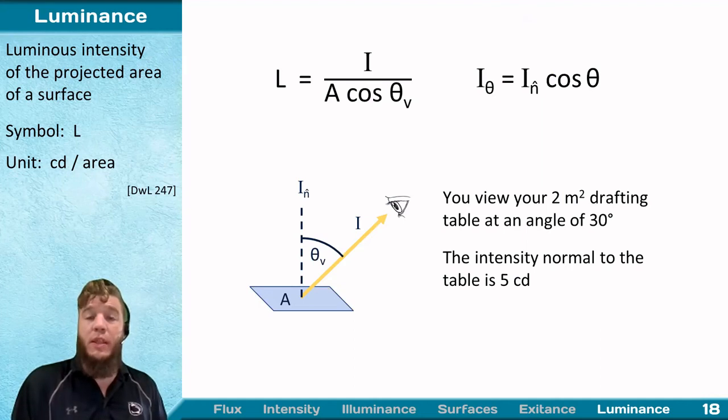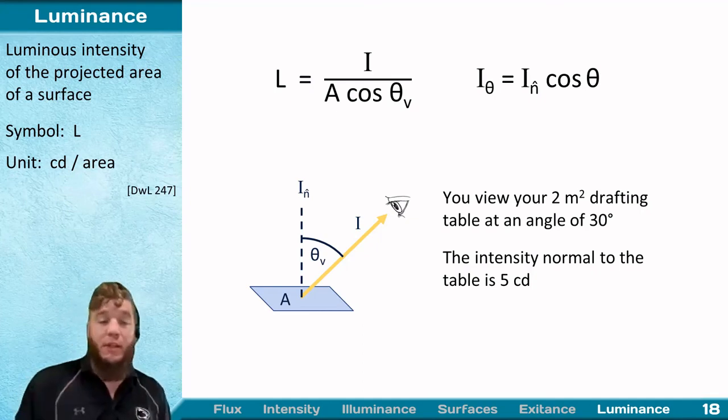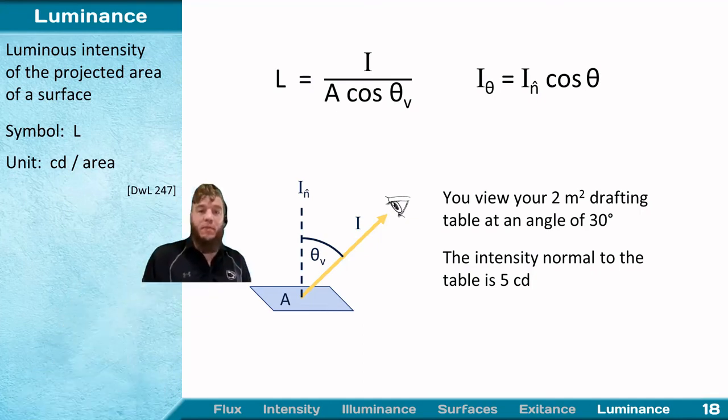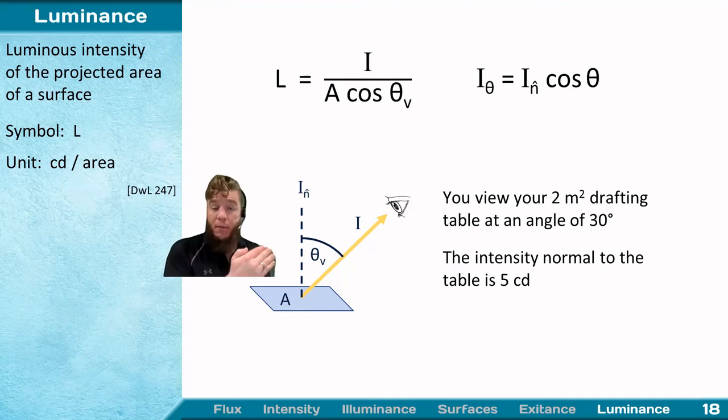Okay, so let's go ahead and do another example problem here. We're working the same problem we've been working throughout the entirety of class. So here's our setup for the problem. What we're given is the area of our work plane. We're given the angle of our viewpoint, which is 30 degrees. And then finally, we're given the intensity along the normal vector. So the intensity normal to the table is 5 candela.